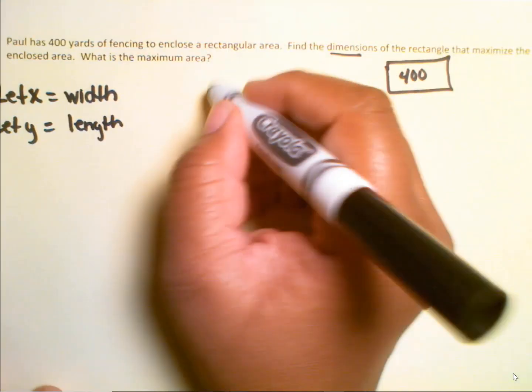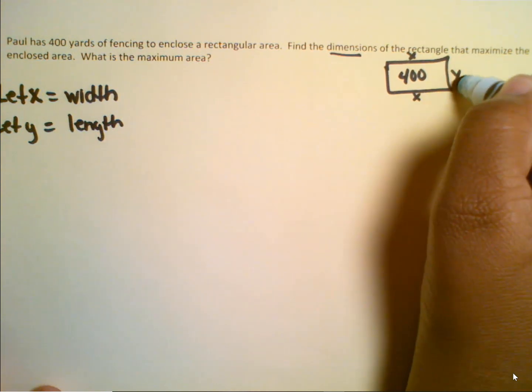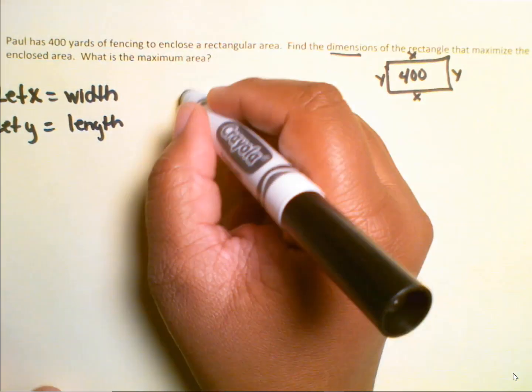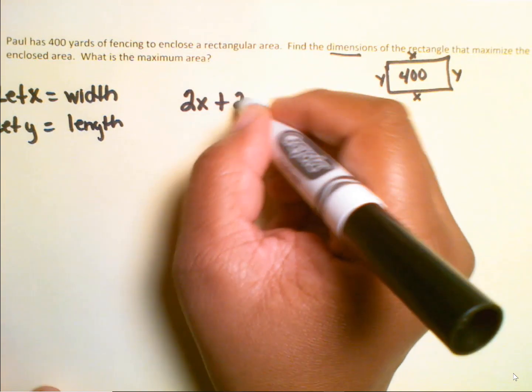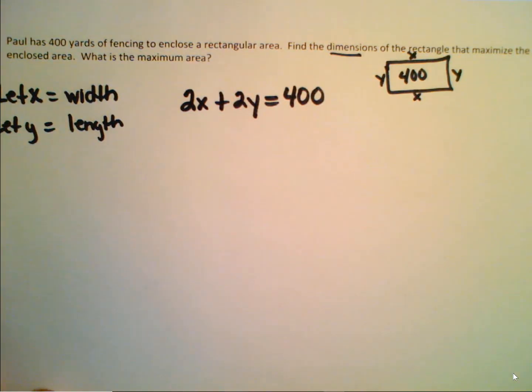Okay, and we know that we're adding the two sides, x and x, y and y. So you're saying twice x plus twice y equals 400 yards.